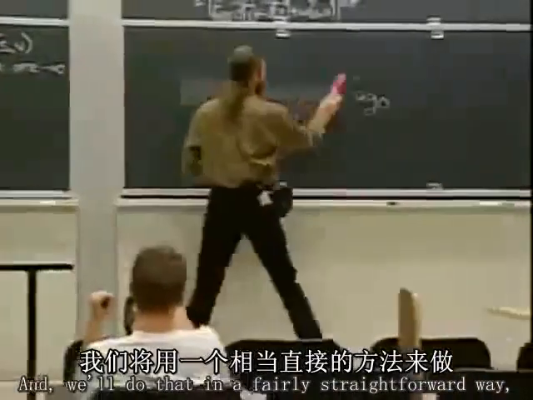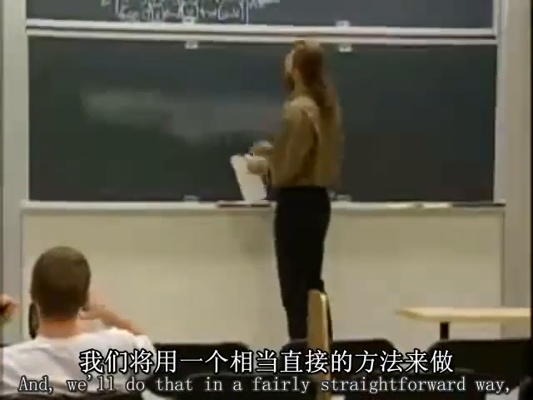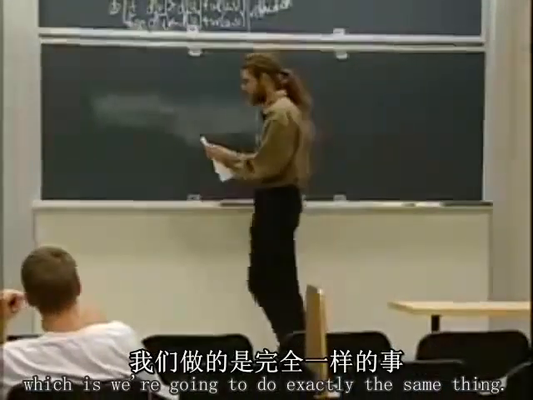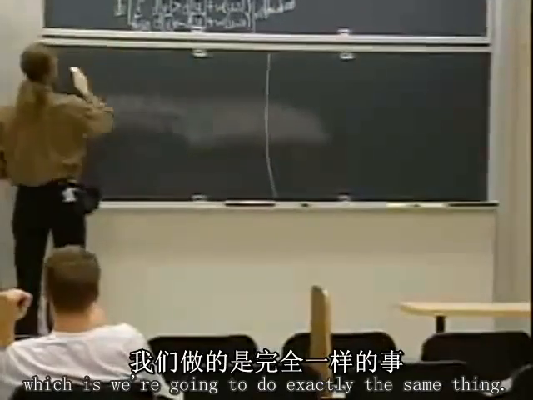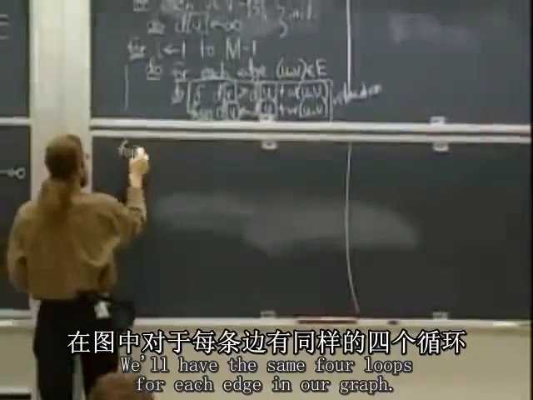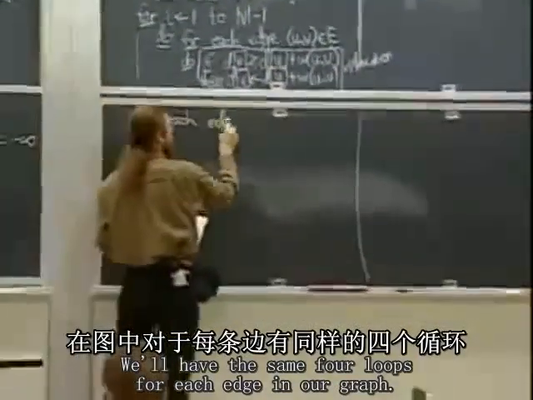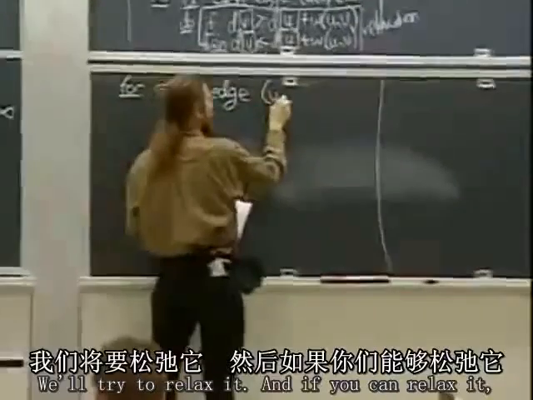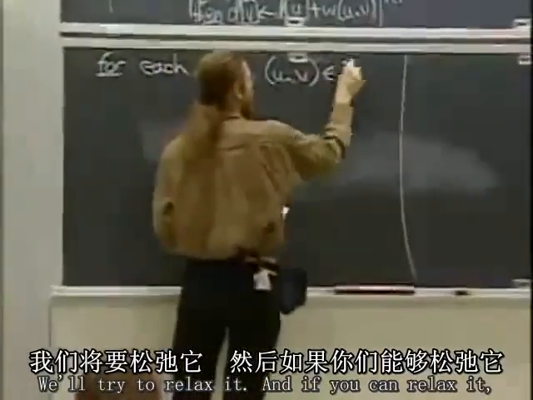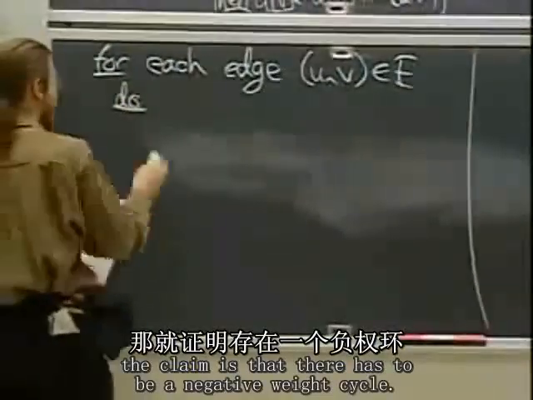And we'll do that in a fairly straightforward way, which is we're going to do exactly the same thing. So this is outside the for loop here. We'll have the same for loop for each edge in our graph. We'll try to relax it. And if you can relax it, the claim is there has to be a negative weight cycle.